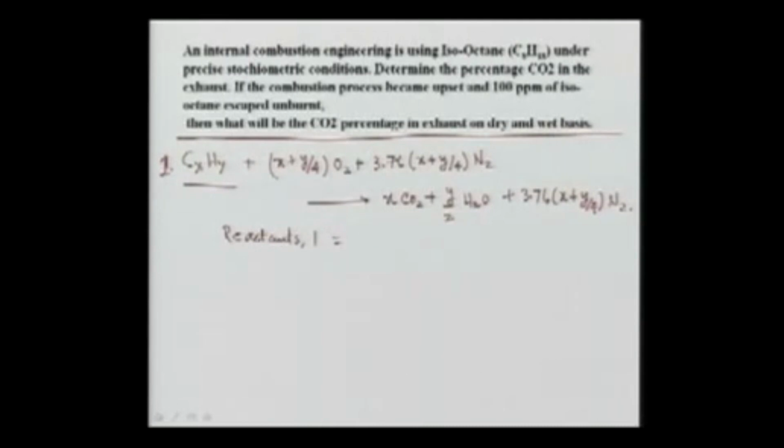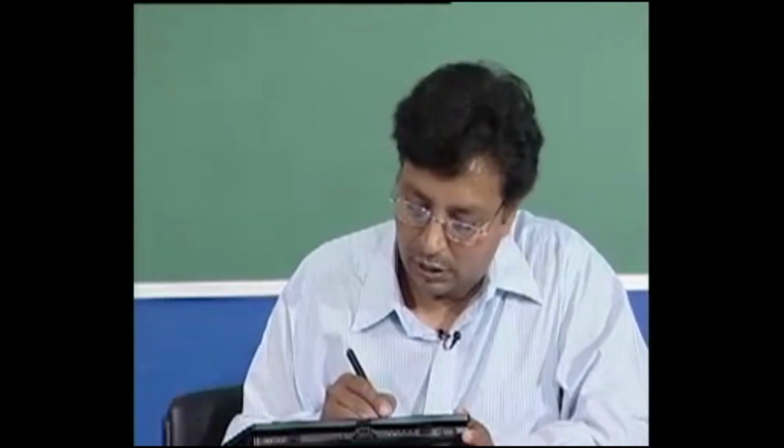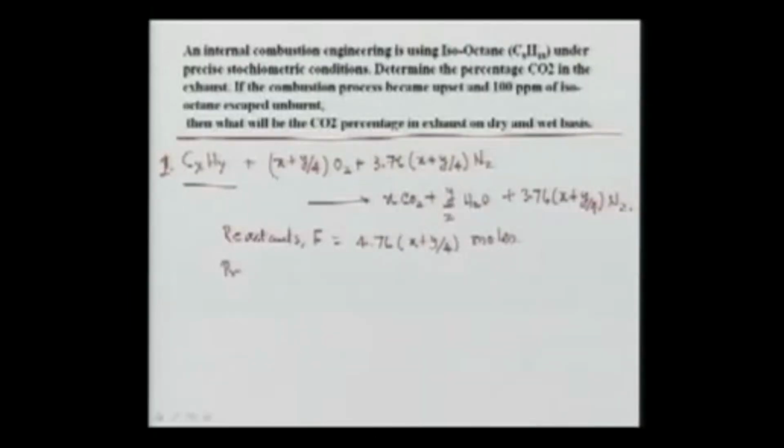How many moles? This plus this, so I can say 4.76 x plus y by 4 moles. Okay, they are the reactants. And look at the products. I can also write the moles of the products. Products are on this side.